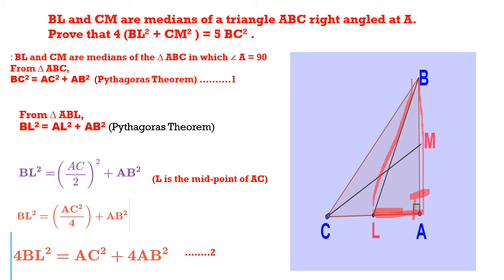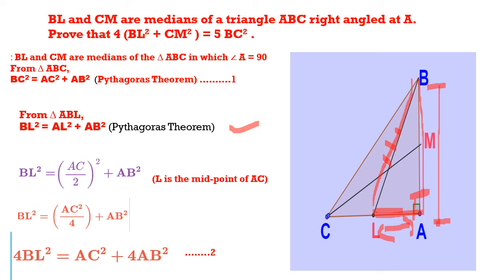So the side opposite to the right angle is the hypotenuse, and start applying the Pythagoras theorem. It will be BL squared is equal to AL squared plus AB squared. And write the name, write the property by Pythagoras theorem in the bracket.